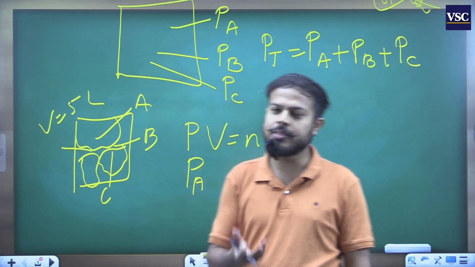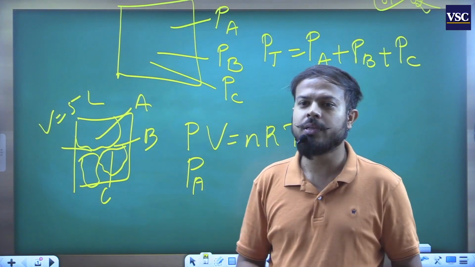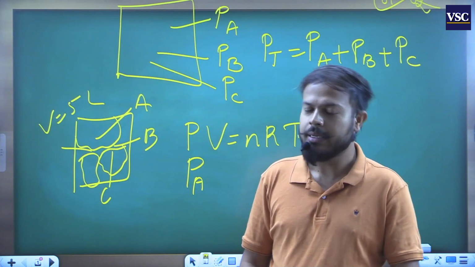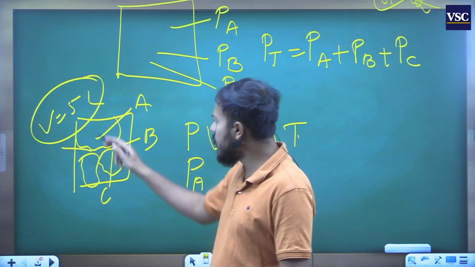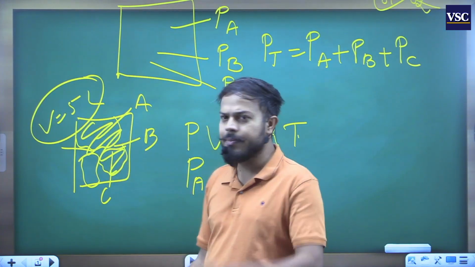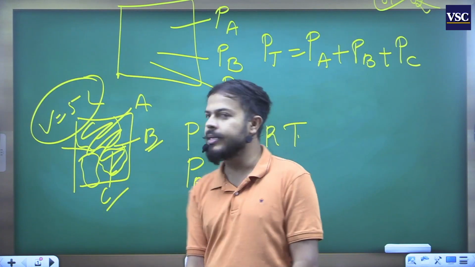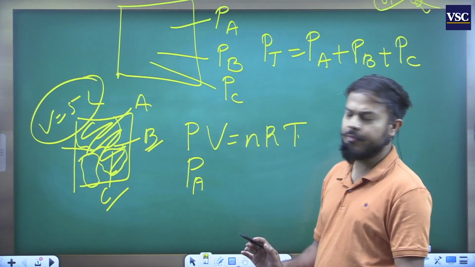If someone asks you what is the volume of gas A, you just simply say the volume of the container, that is 5 liter. And for B or C, same, it would be 5 liter only, because gas A will be spontaneously mixed throughout the container, and similarly gas B and gas C. So here you have to simply take the volume of the container.